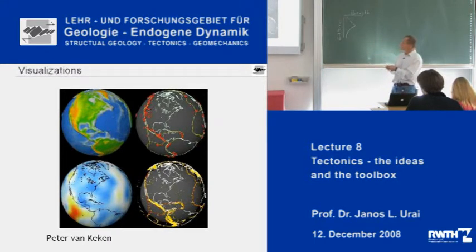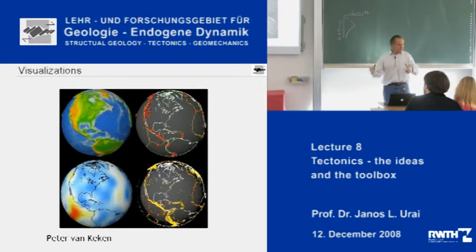This is, of course, the topography. These are the volcanoes. This is the internal structure of the Earth, and these are the earthquakes. But just try to imagine what kind of powerful databases and computing power is necessary to give you these pictures.